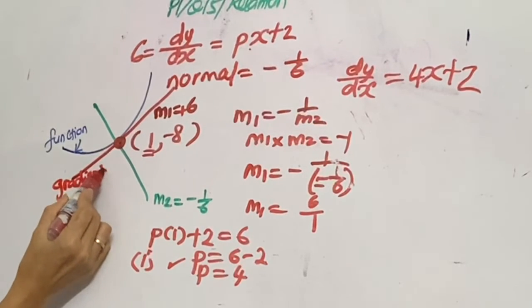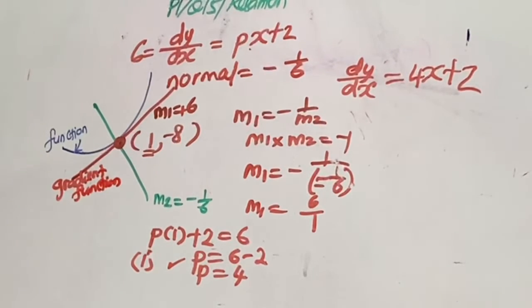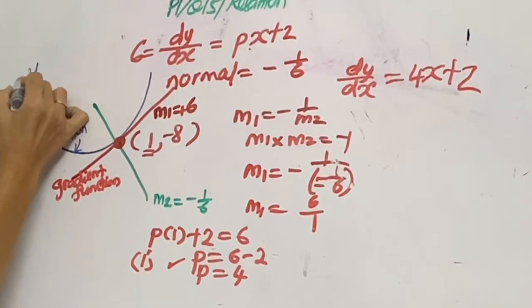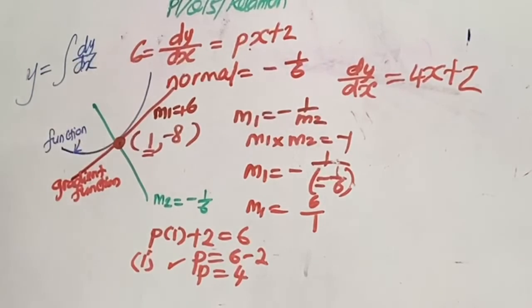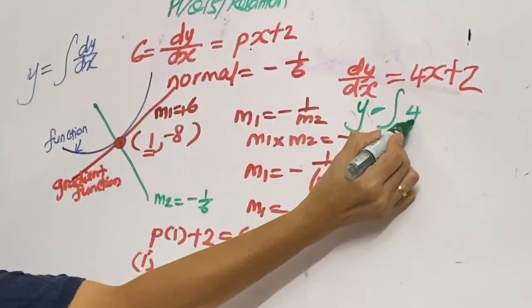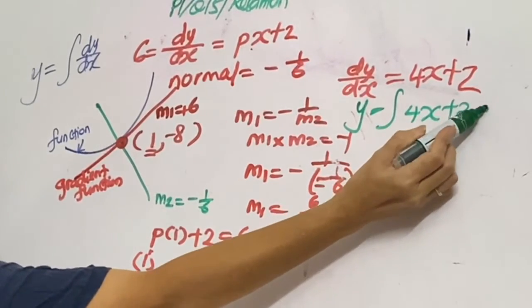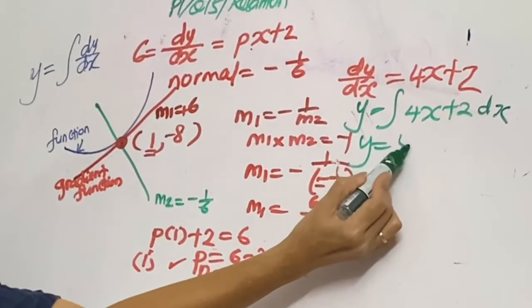In short, we use dy/dx. And the normal is always perpendicular to the dy/dx. So with the function, we need to integrate the dy/dx. If we integrate the dy/dx here, we will get the equation of the curve, which is the function.